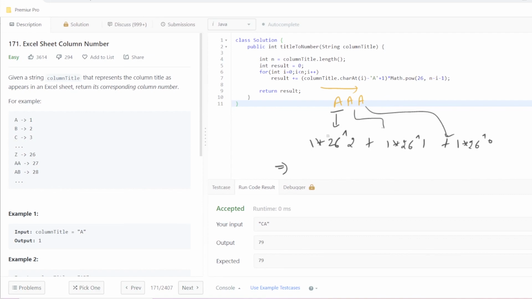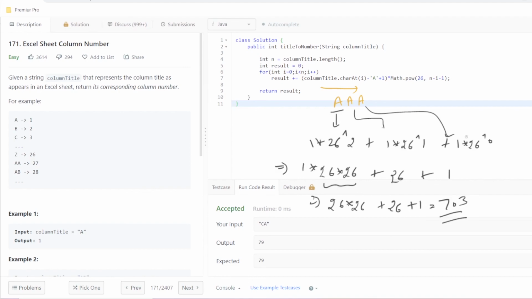So 26 into 26 plus 26 plus 1, as I already told, gives 703.